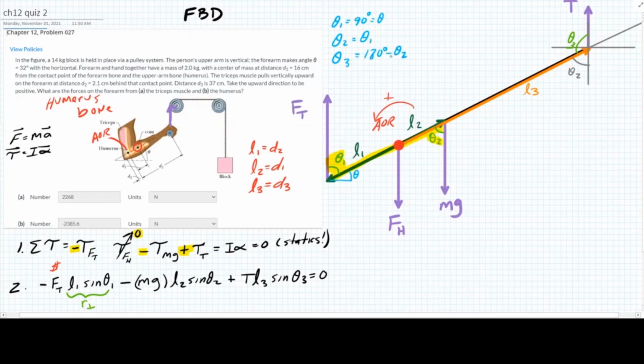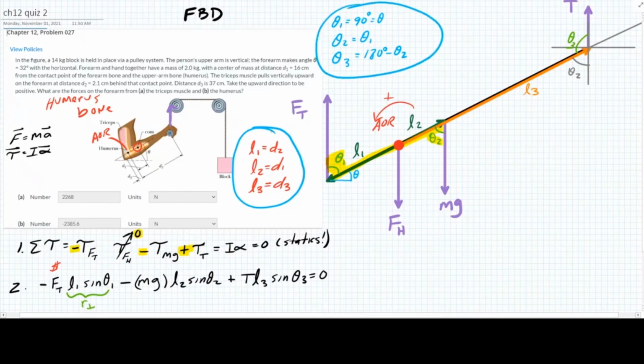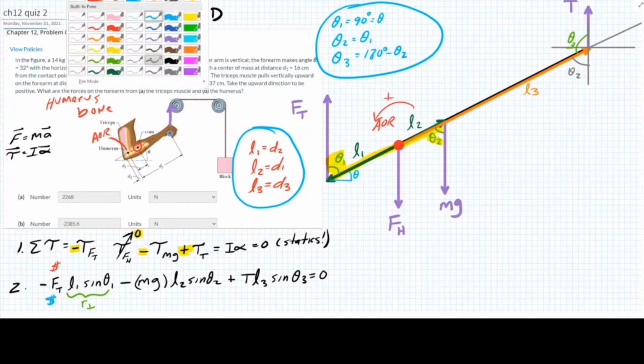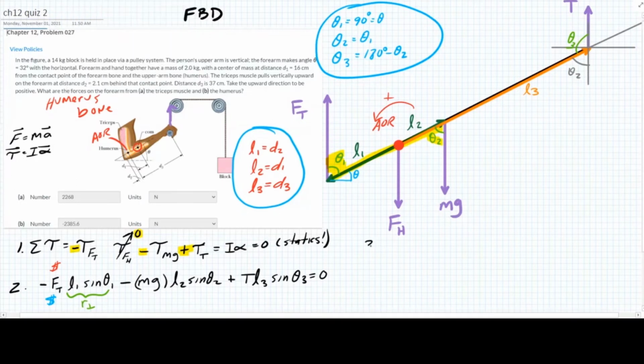All right, so at this point, I have all of my position vectors. I have all of my angles. Everything is known here except for this dollar sign. Go ahead, let's find that. F sub T equals, and then let's do the work on it.